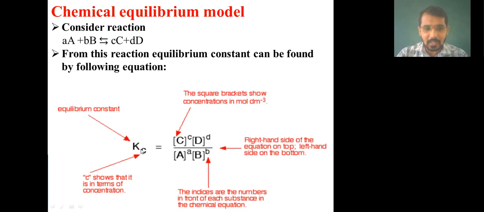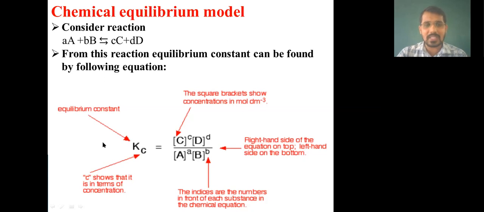I am writing the equilibrium constant equation for the above reaction: Kc is equal to the concentration of product C raised to the stoichiometric coefficient c, times the concentration of product D raised to the stoichiometric coefficient d. Similarly, the concentration of reactant A is raised to a, where a is the stoichiometric coefficient of reactant A. After that, B: here B is the concentration of reactant B and small b is the stoichiometric coefficient of reactant B.